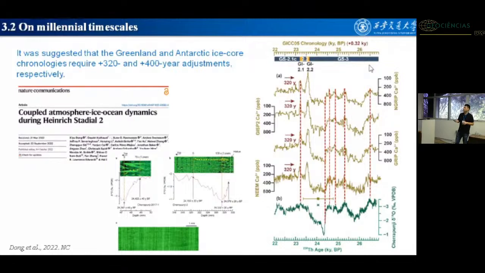This is why we can correlate the delta 18O with the calcium record directly. It means that if we correlate this structure closely, we should move the Greenland ice core to an older direction by about 320 years, and the Antarctic record should move 400 years. So it means our speleothem record chronology can really correct the ice core chronology.